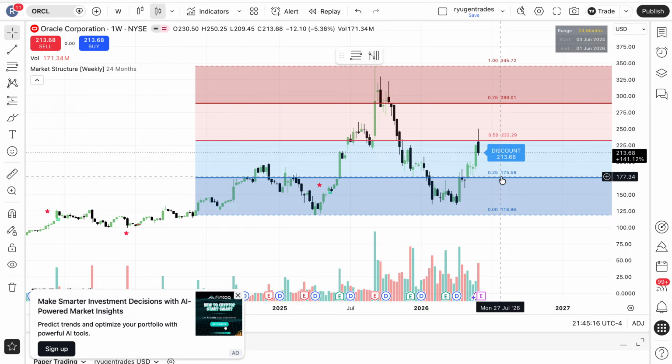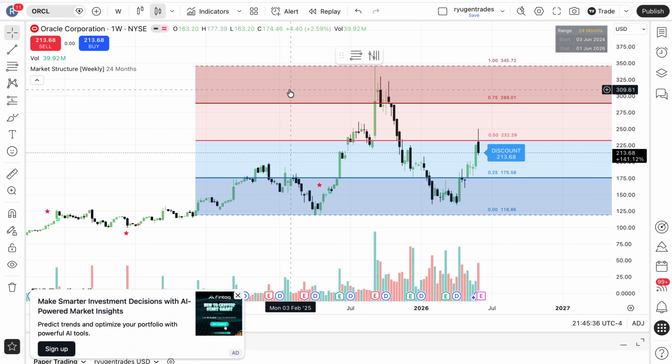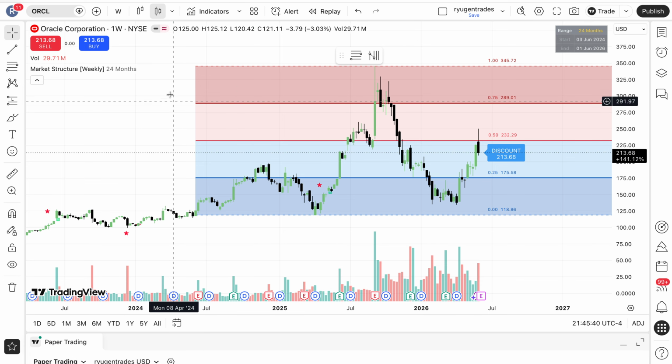So it is all about risk reward. If I entered here, my downside would be just somewhere here, probably about 10-20%, but my upside will be somewhere here, and if you stretch up, maybe back to the all-time high at 345. So weekly chart is sufficient for swing traders.